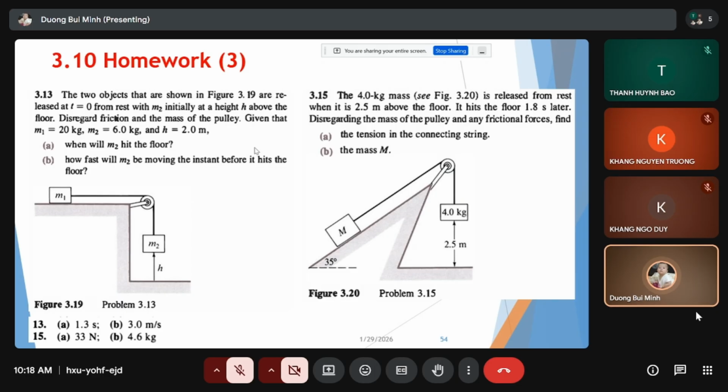And here we have a normal force. But we don't need the normal force because we disregard friction force, right? And here we have 4 g's, right? And this one we have tension force.